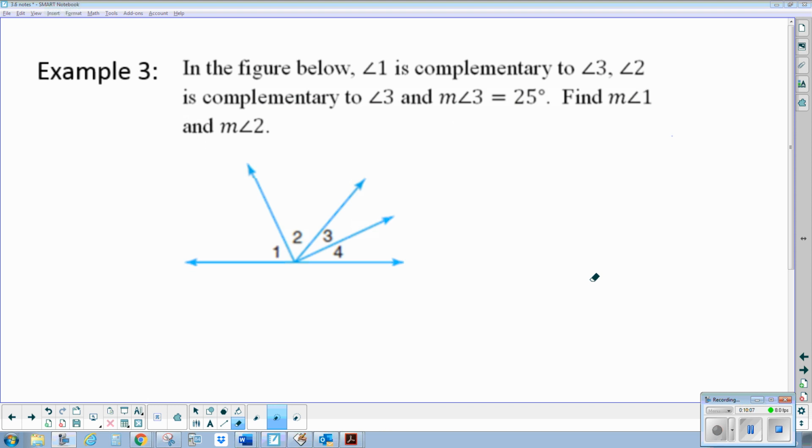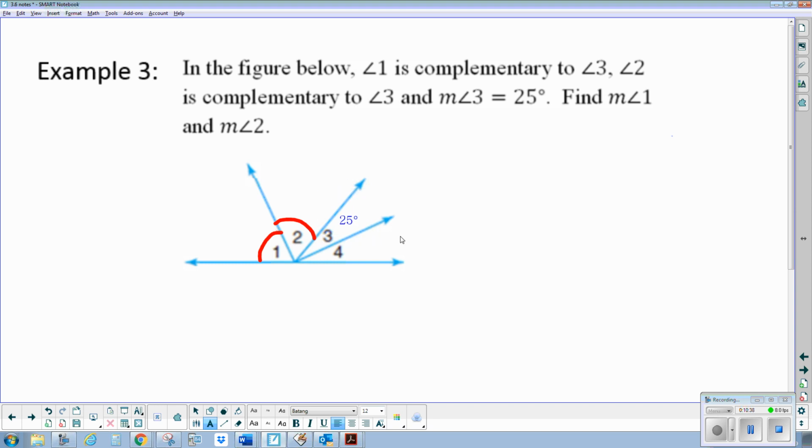All right, let's look at this next example. It says in the figure below, angle 1 is complementary to angle 3, and angle 2 is complementary to angle 3. So what do we know about angle 1 and angle 2? Without even solving, we know that angle 1 and angle 2 are congruent because they're both complementary to angle 3. Now it tells us that angle 3 is 25 degrees.